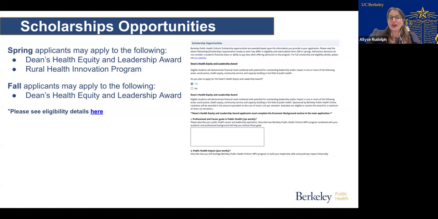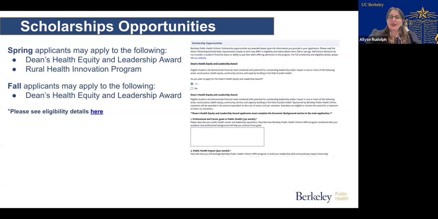And then every term, we offer something called the Dean's Health Equity and Leadership Award. So both of these, if you're applying in either the spring or the fall, you'll see an opportunity to indicate whether or not you want to be considered for that scholarship when you apply. So you can see here in this screenshot, if you're wanting to apply for the Dean's Health Equity and Leadership Award, you would click yes, and then it'll populate 2 new questions that are related to that scholarship application.